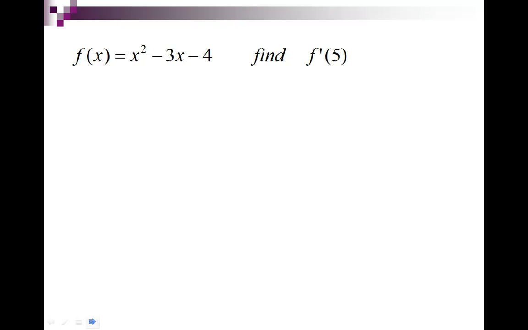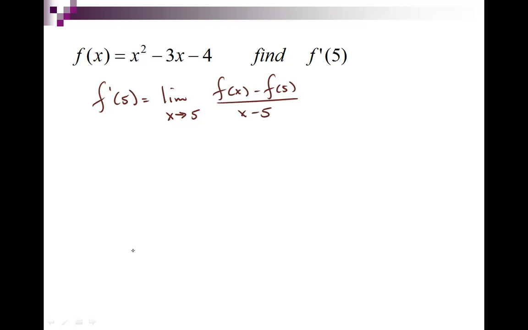So algebraically, if f of x is a function, x squared minus 3x minus 4, and I want to find f prime of 5, I am going to say f prime of 5 equals the limit as x approaches 5 of f of x minus f of 5 over x minus 5.